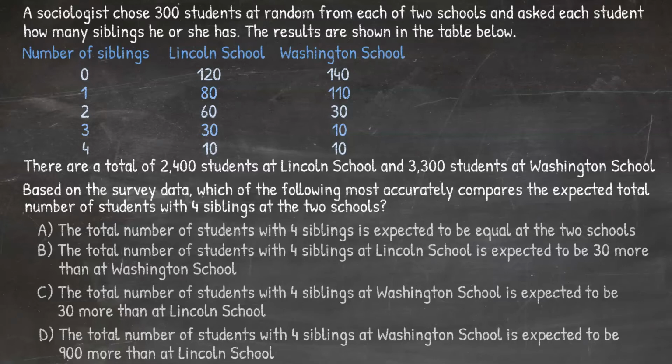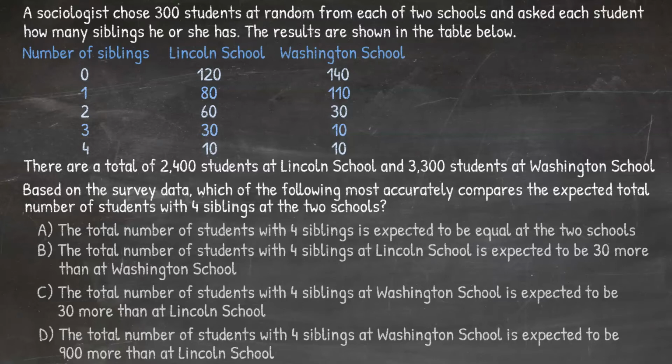And in this case, we're told that the research identified that out of 300, 10 in both cases had 4 siblings. If we're extending it to the population of schools, let's first focus on the Lincoln School.